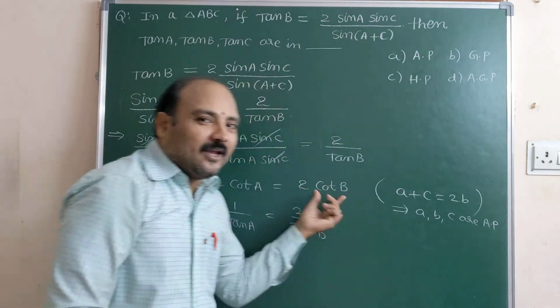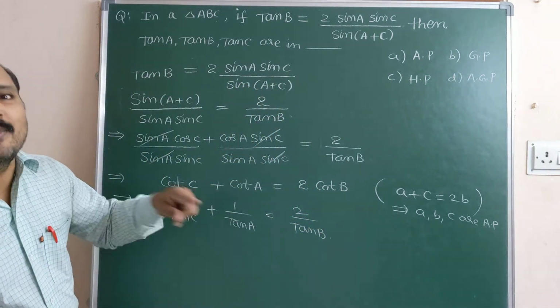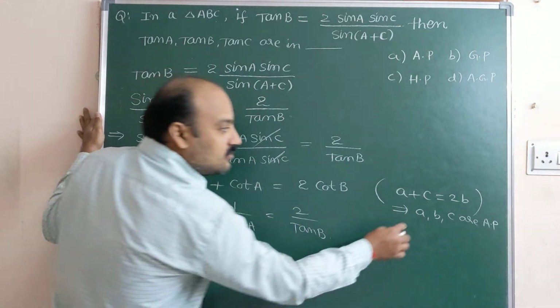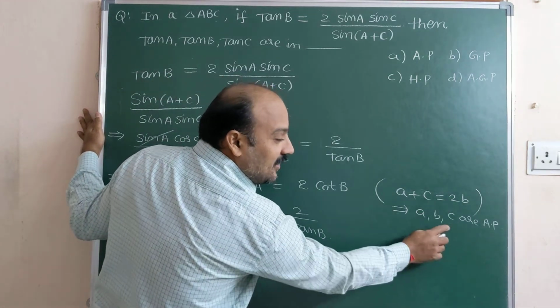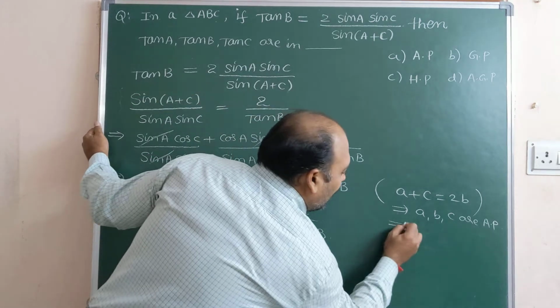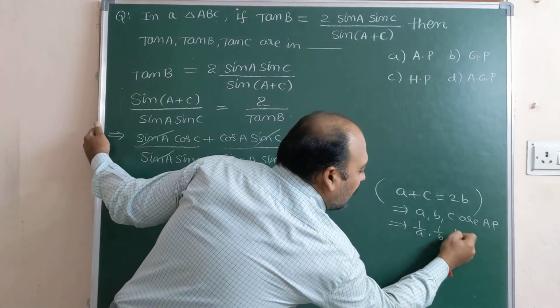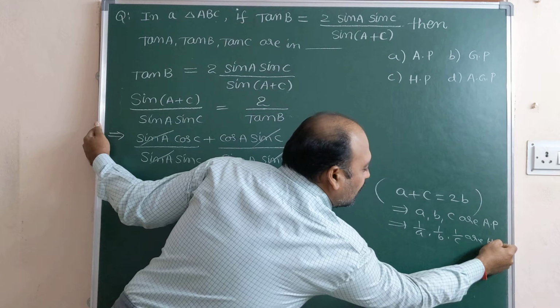These terms are in AP, so the reciprocals should be in a harmonic progression. The terms which are in AP, the reciprocals of AP terms, 1 by A, 1 by B, 1 by C, are in harmonic progression.